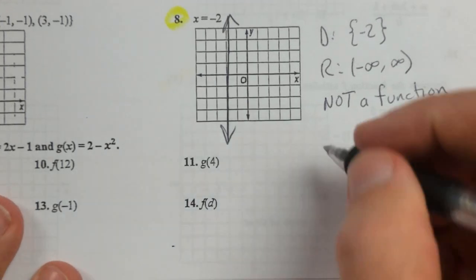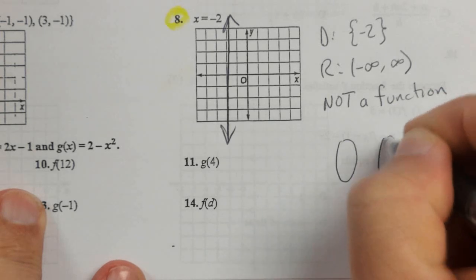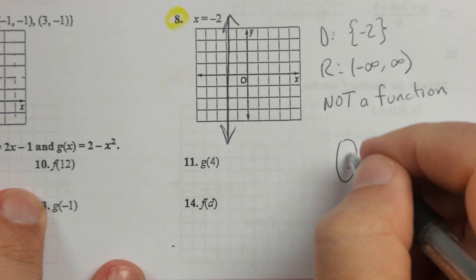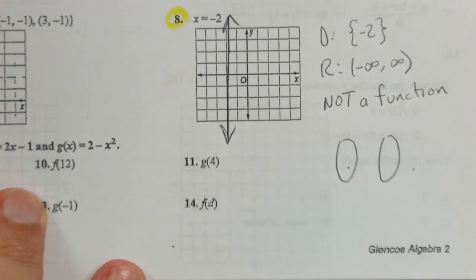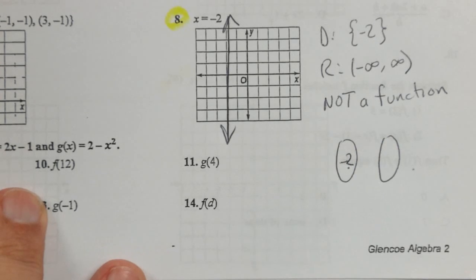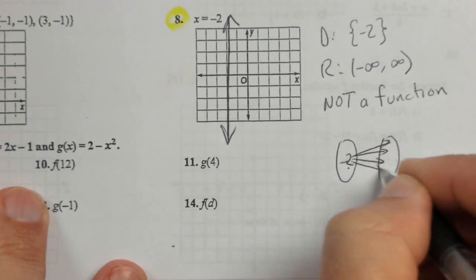If we think back to our vending machine diagrams, mapping diagrams is what they're officially called, where there's the independent and the dependent. What goes in the independent? -2. And what goes in the dependent column? Every single y value ever. So you couldn't really even draw this because you'd have to draw an infinite number of arrows.